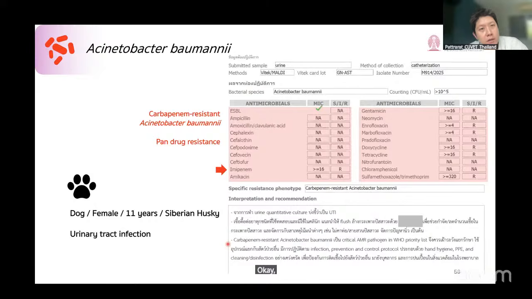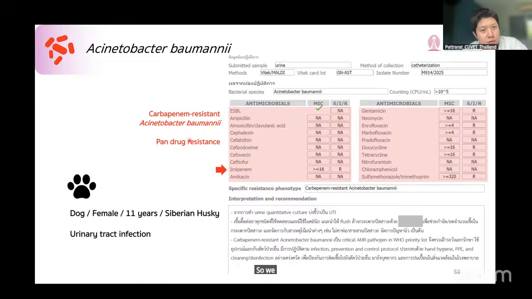Okay, and this is a worse case of a dog that developed urinary tract infection caused by Acinetobacter baumannii. This strain was resistant to carbapenems, or imipenem here, and showed resistance to all drugs tested.